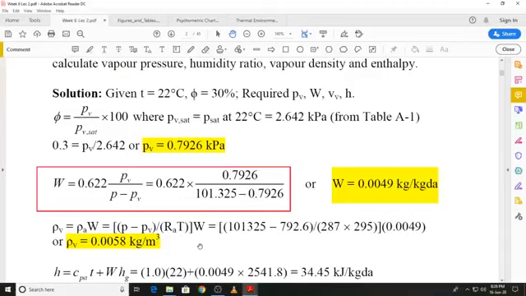Now again you substitute the values in this expression, and that will give you the vapor density, which is 0.0058 kilogram per meter cube.